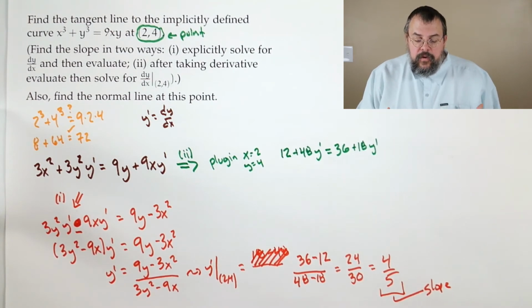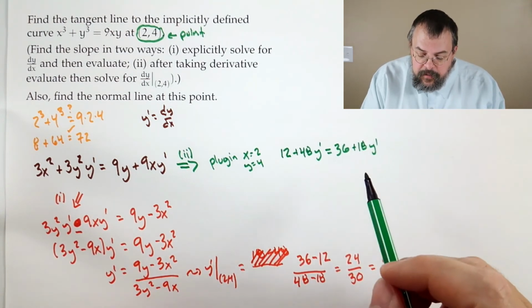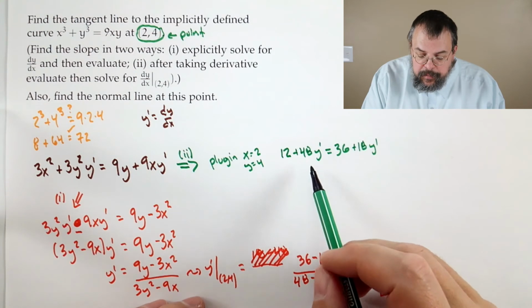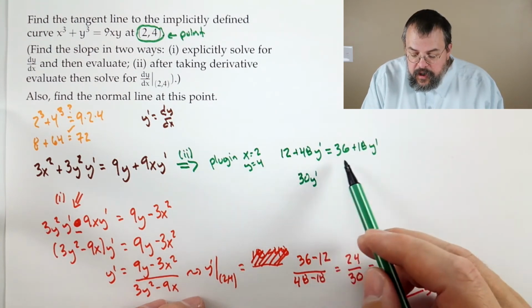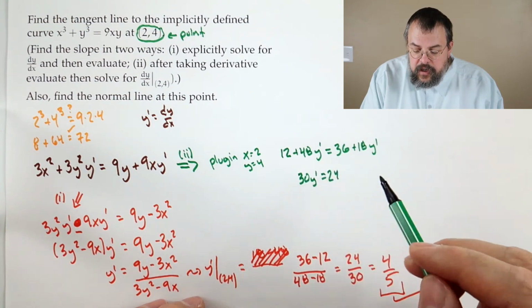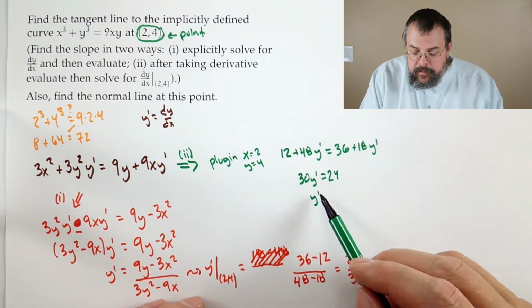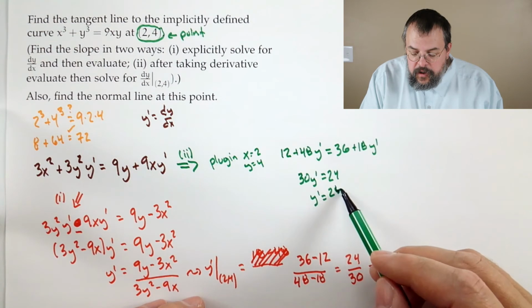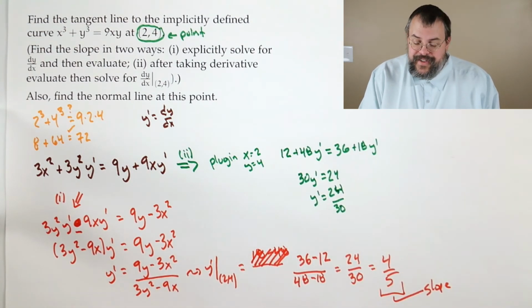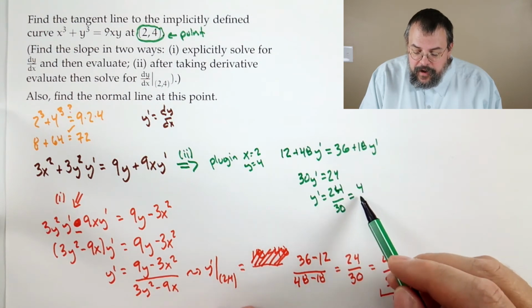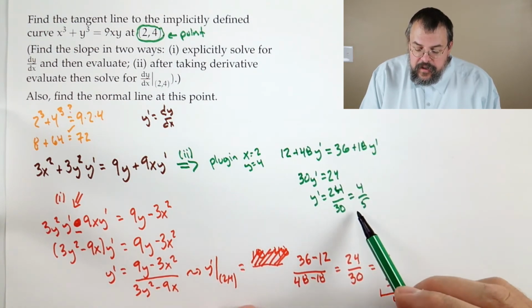And now you see that when we start to rearrange, if we subtract 18y prime, we'll get 30y prime. Subtract 12 equals 24, or y prime equals 24 over 30. Again, there's a factor of 6, so we end up with 4/5. And there's our slope.